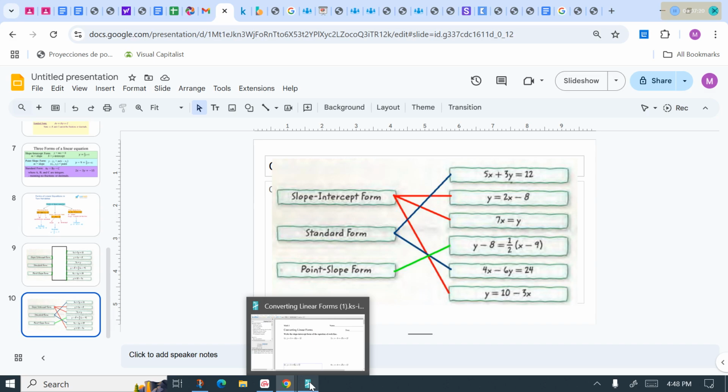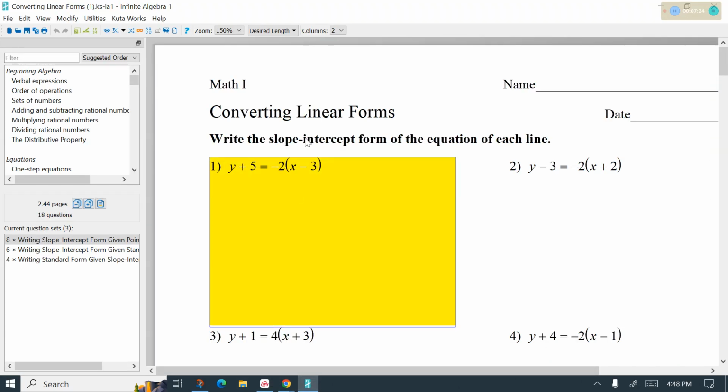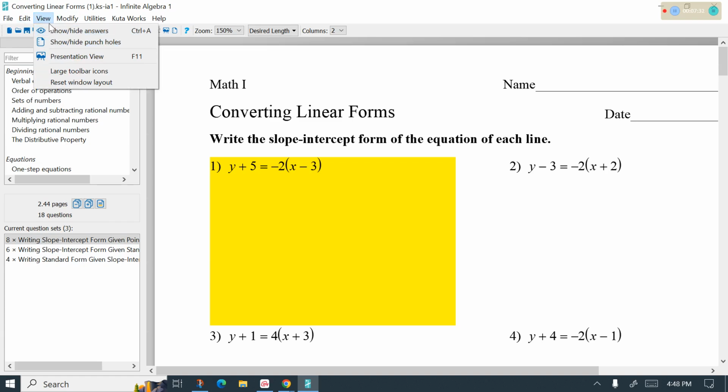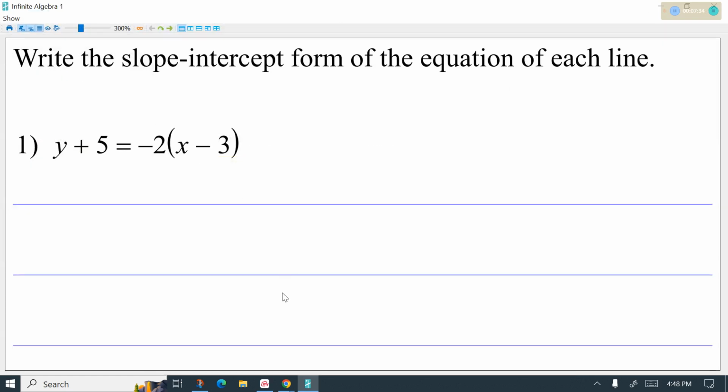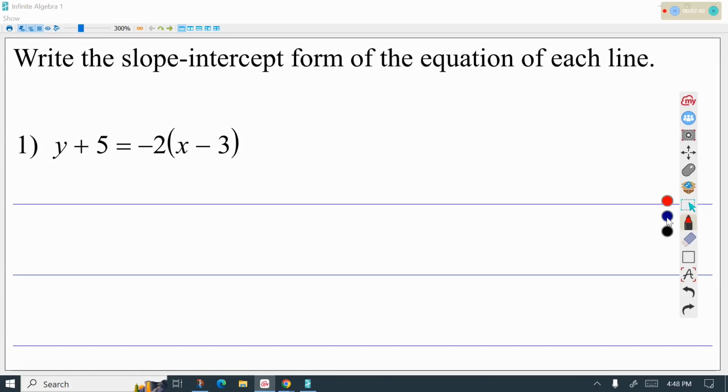So now that we've done these basics, we're going to jump into our assignment and start understanding what it was that we really have to do. In this problem, it wants us to write the slope-intercept form of this line. And so to do that, I have to understand what that form even means. We want to underline everything in the problem that's important.